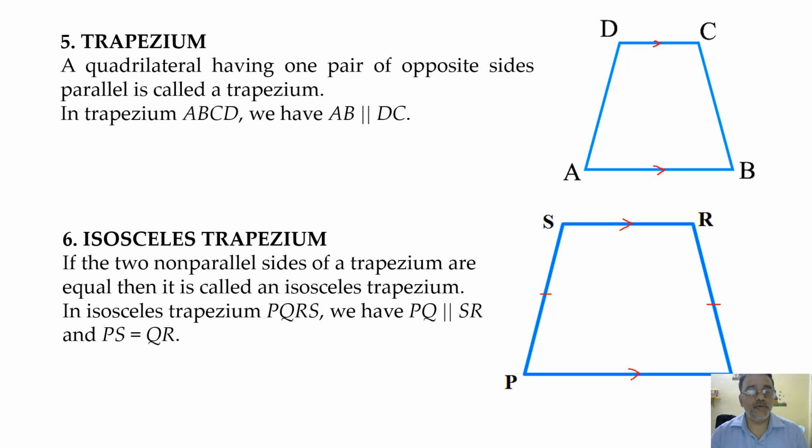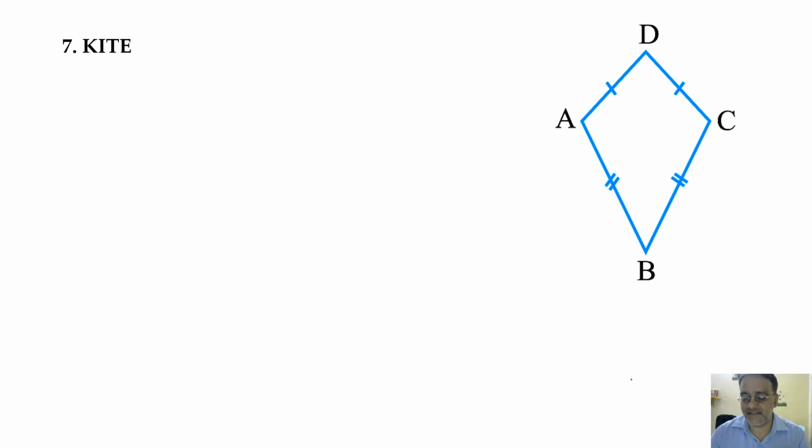Okay, now we'll move toward the next type, kite. Kite is a quadrilateral in which two pairs of adjacent sides are equal. Actually quadrilateral में 4 pairs होते हैं adjacent sides. First pair AD and AB, second pair these two, third pair these two, and fourth pair these two.